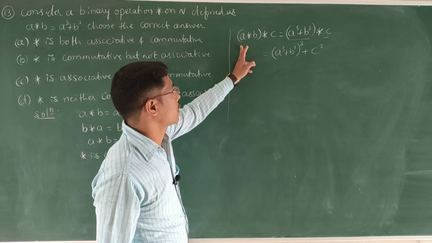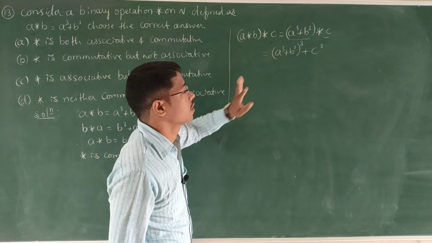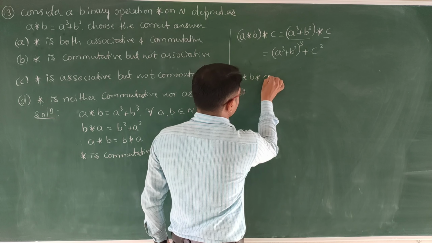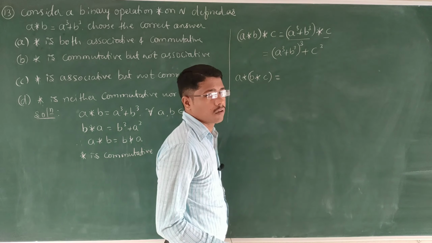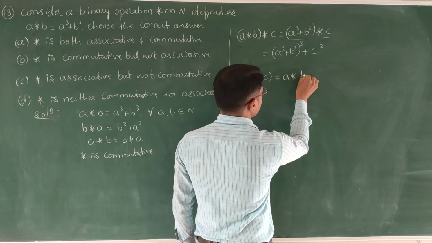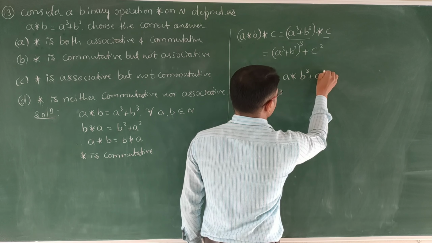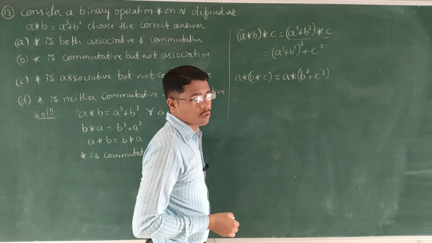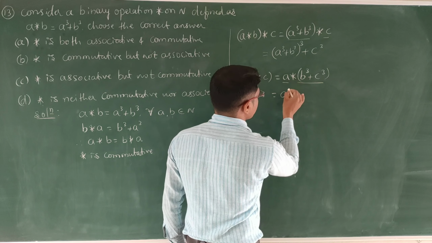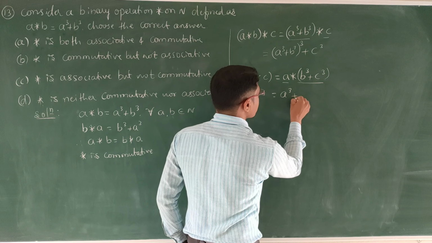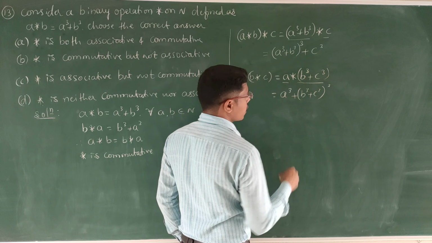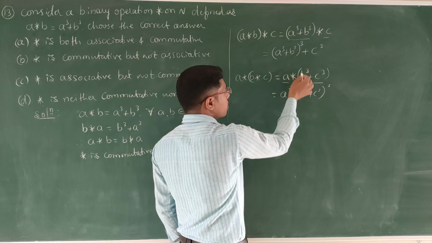This is (A star B) star C. Now A star (B star C): B star C can be written as B cube plus C cube. This is equal to A star (B cube plus C cube), which is A cube plus (B cube plus C cube) whole cube. See, these two are different.